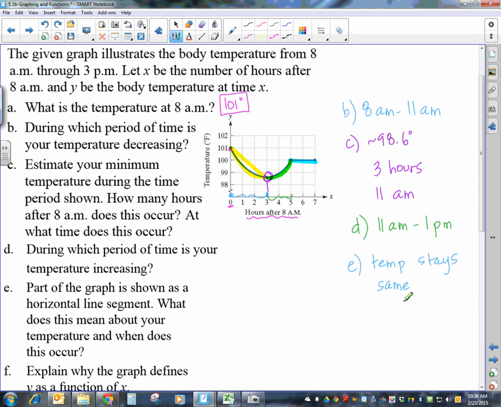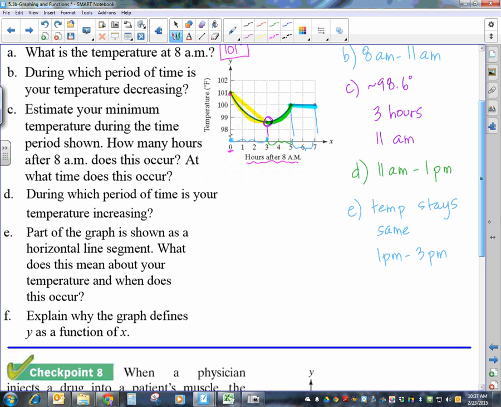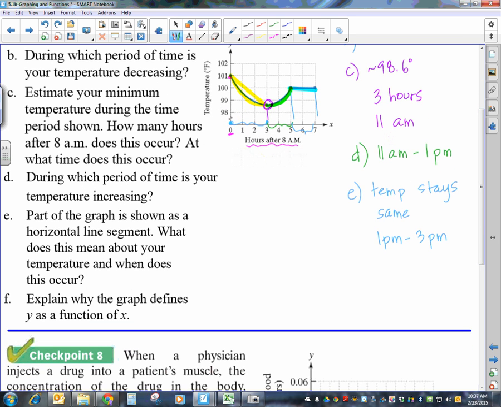Then it says, when does this occur? So it's occurring at this time, between 5 and 7 hours after 8 a.m. So 5 hours after we already calculated was 1 p.m., and then 2 more hours would be to 3 p.m. And the last question, explain why the graph defines y as a function of x.